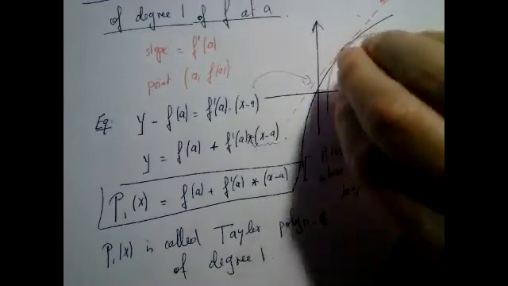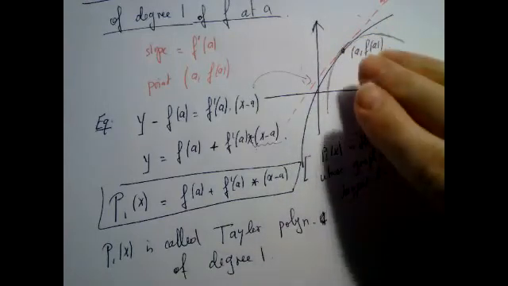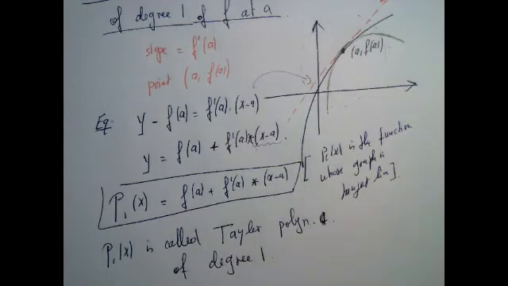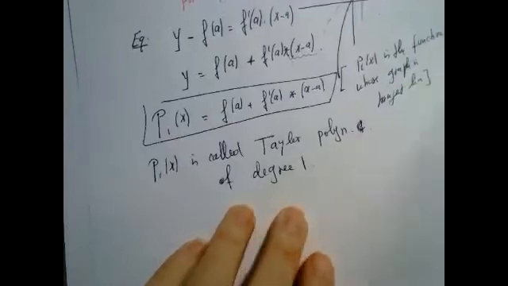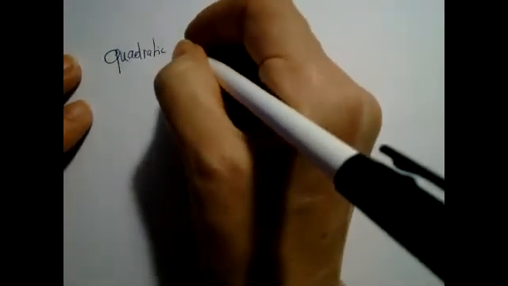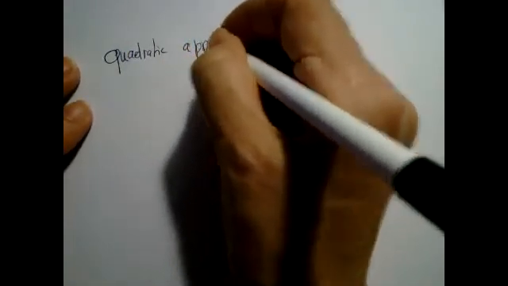It means if the function is concave down, it will be concave down, and concave up, concave up. So part 2 is quadratic approximation of f centered at A, or Taylor polynomial of degree 2. Quadratic, because we want to approximate by a polynomial of degree 2.